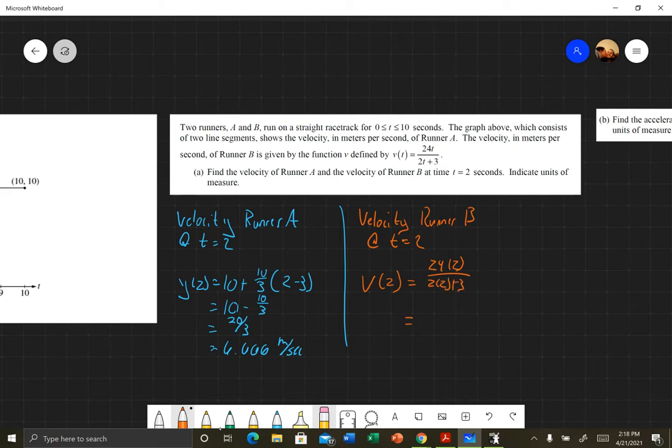So this is going to equal, let's see, 48 over 4 plus 3 is 7. And then again, if I use a calculator to figure that out, 48 divided by 7 is going to be 6.857 meters per second. And so there we go. I have velocity for runner A and velocity for runner B at time t equals 2 for both of these.